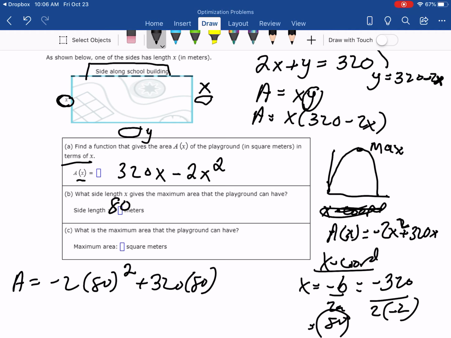Negative 2 times 80 squared plus 320 times 80, which is 12,800 square meters. So the maximum area is 12,800 square meters.